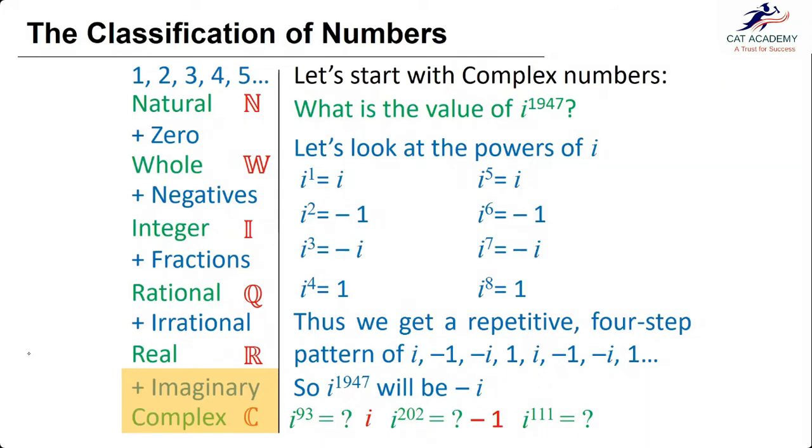For example, if I take the closest multiple of 4 over here as 112, then I would say this is 112. So 111 would be one step behind this, that is this. So i raised to 111 should be minus i.